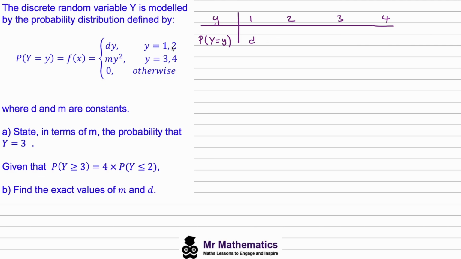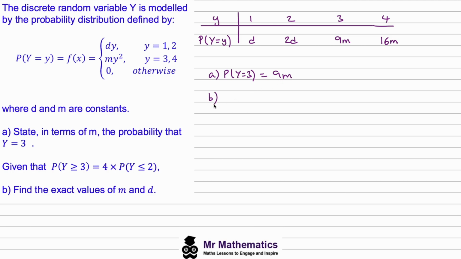When y is 2, we've got 2d. When y is 3, we've got 3 squared m, so 9m. When y is 4, we've got 4 squared m, so 16m. For part A, the probability of y being equal to 3 in terms of m, well, this will be this probability, 9m.